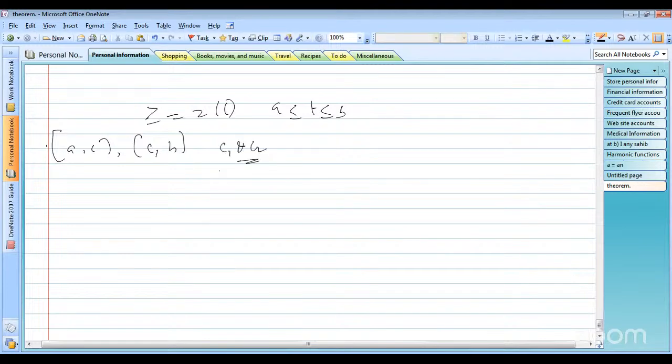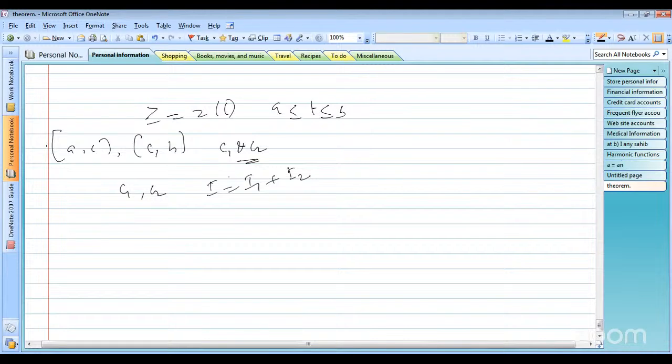In the following, the result follows: C is rectifiable if and only if C1 and C2 are rectifiable, and in that case L is equal to L1 plus L2, where L1 and L2 denote the lengths of C1 and C2 respectively.